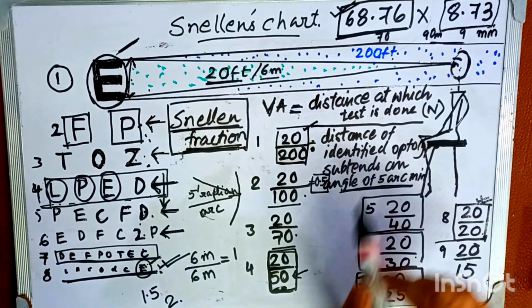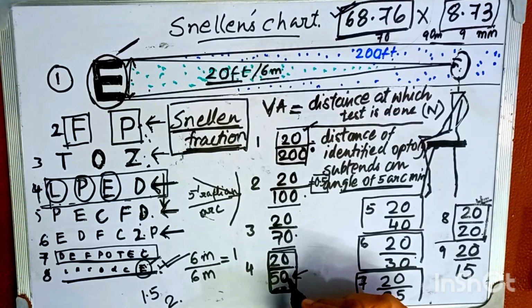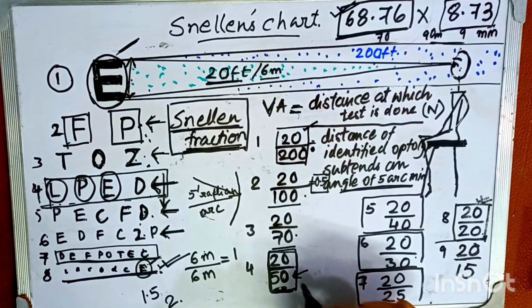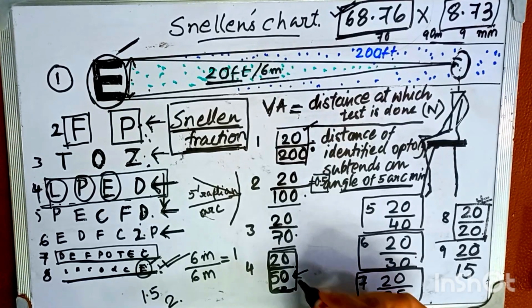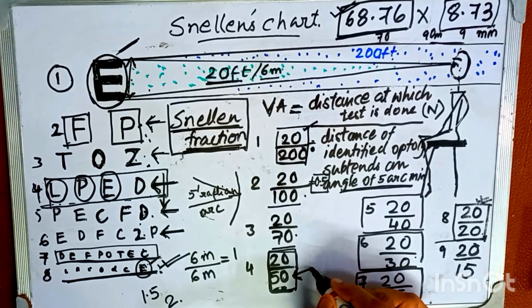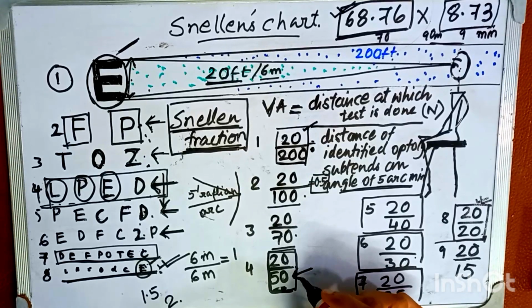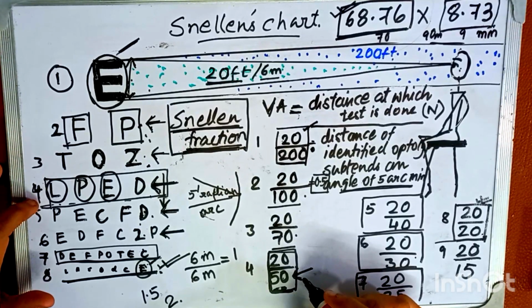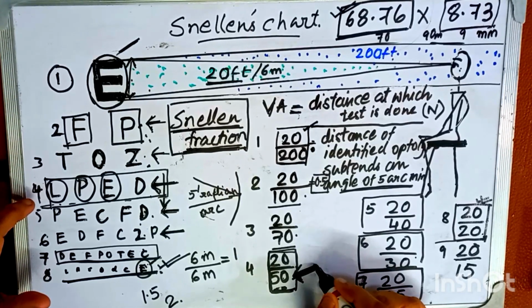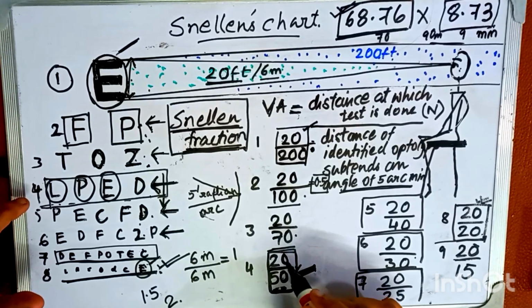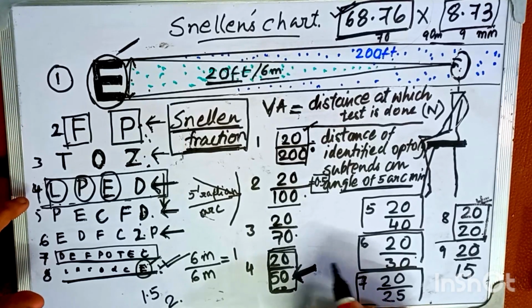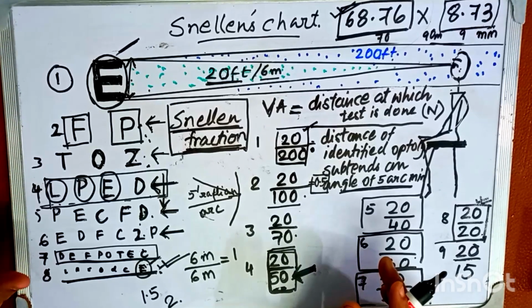The distance at which the test is done is 20 feet, and now he could not read what he should have read from 50 feet. He is not able to read this fourth line optotype. So this 50 is actually what he should have read if his eye was normal. So the fraction is 20 by 50, which is lesser than 1. So there is a reduction in vision.